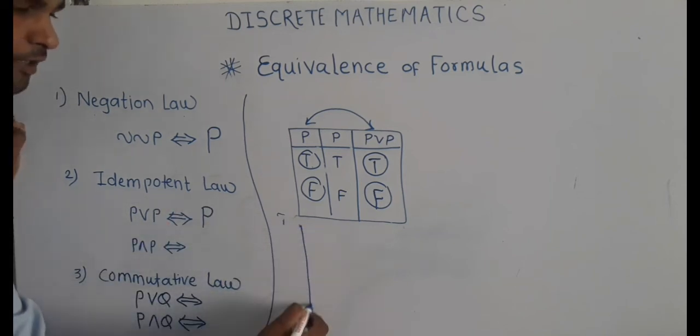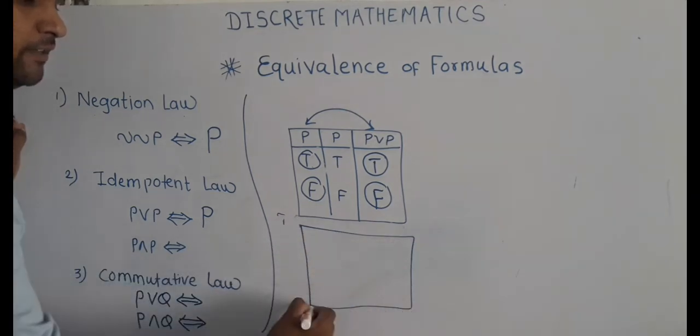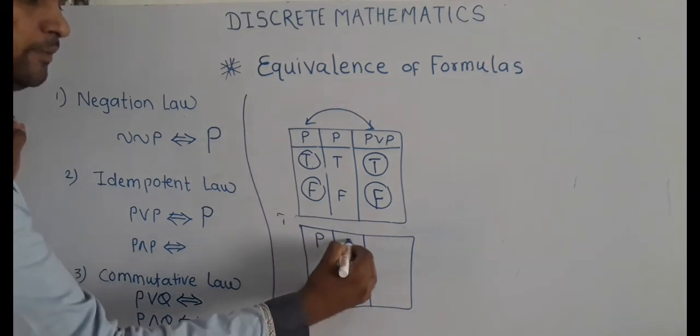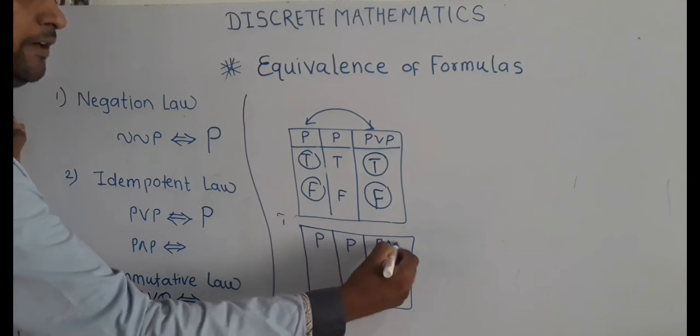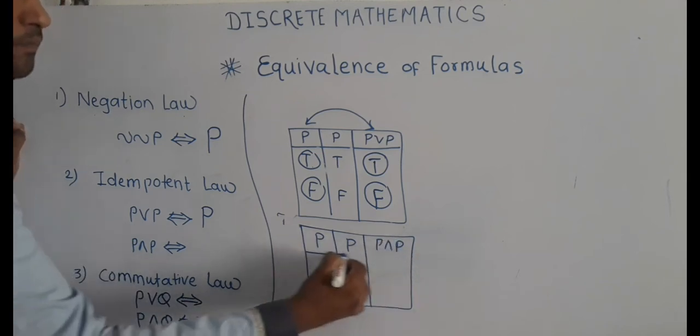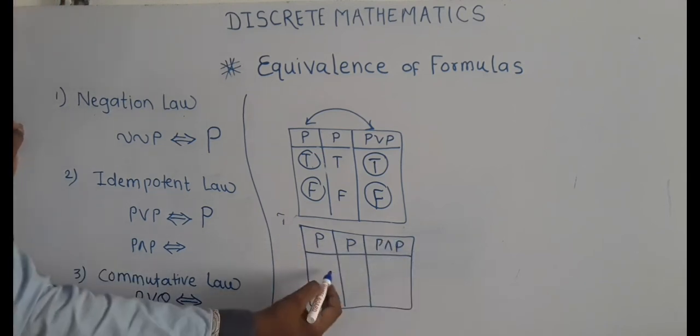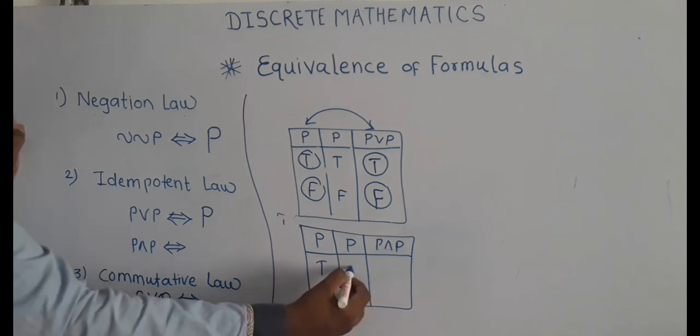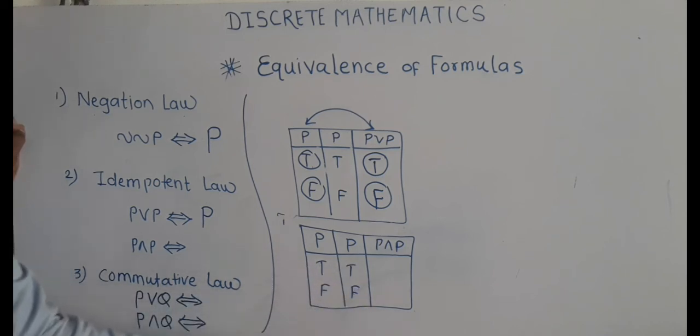If I design the truth table for the AND, then similarly there is a variable P, and the second variable is P. Now this may be true or false. The definition for AND is if both variables are true, then only the output is true.